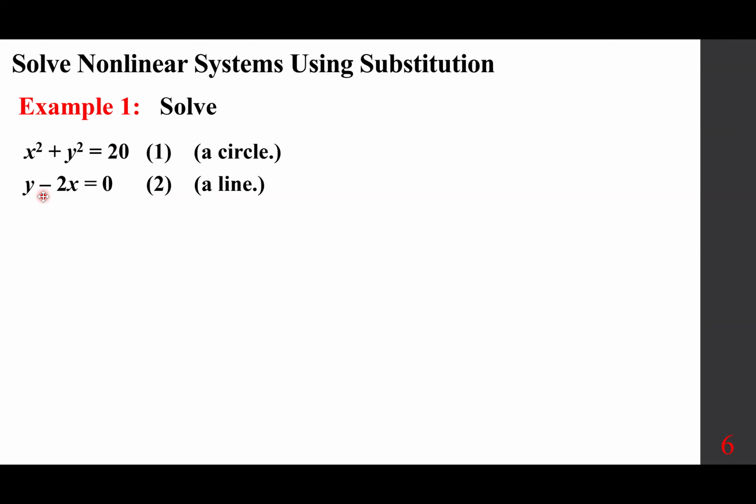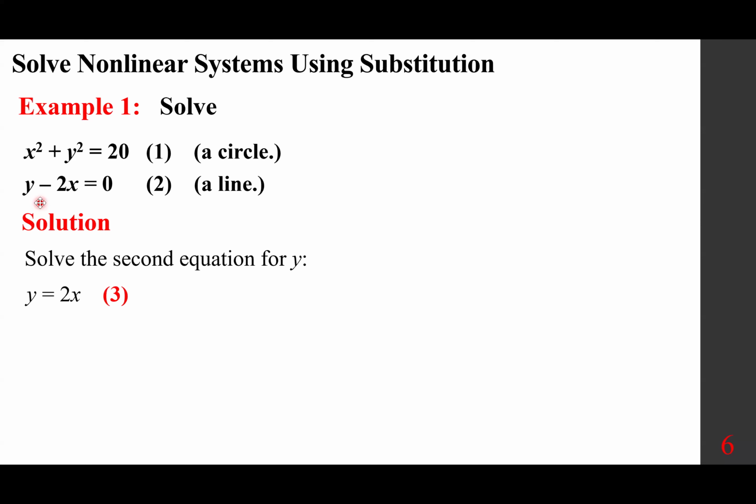Notice this is y minus 2x equals 0. It's easy to solve for y and put it into the first one. So first we solve for y in the second equation. So y equals 2x. Now we go to the first equation.